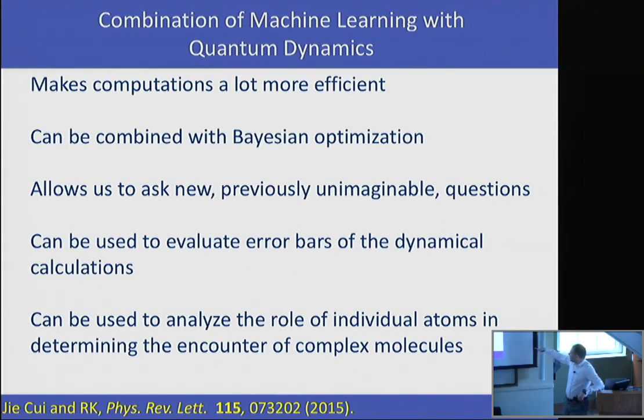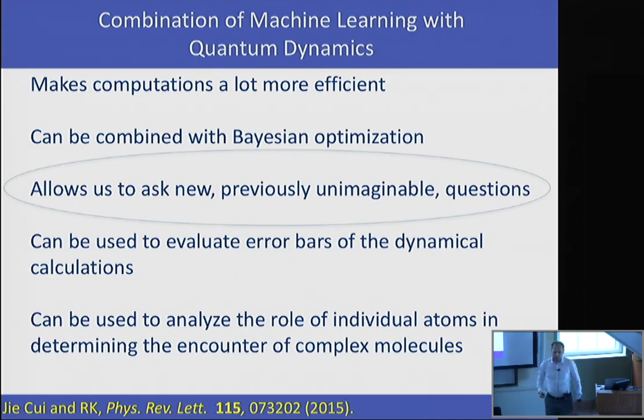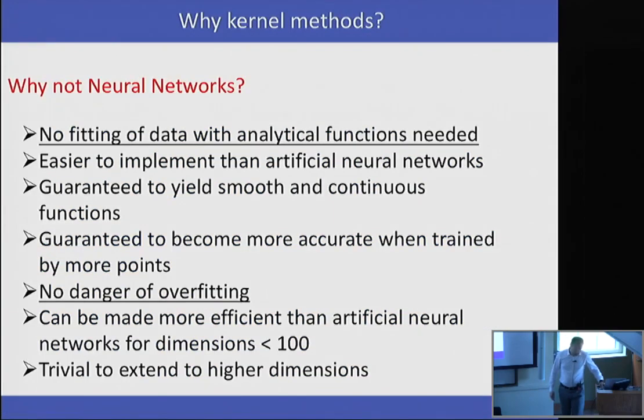It can be used to analyze the role of individual atoms in determining the encounter of complex molecules. What I'm particularly excited about is that it can also allow us to ask new, previously unimaginable questions related to molecular dynamics, and that's where I think the most power of machine learning is.